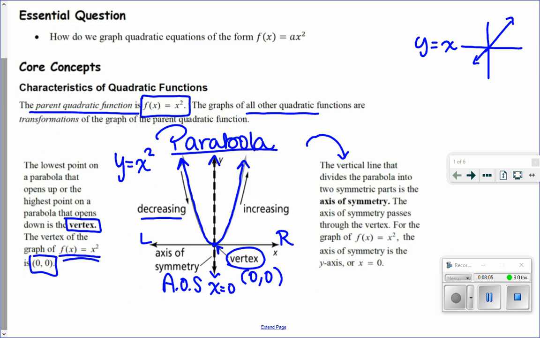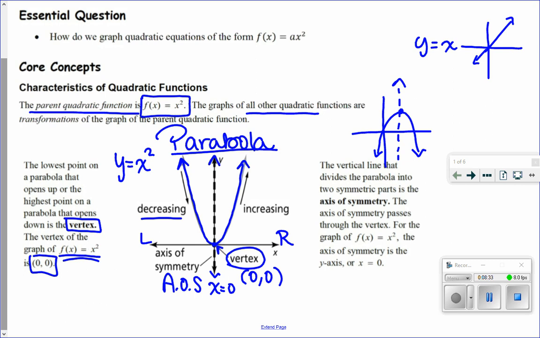So the axis of symmetry will always pass through the vertex, and that's actually true even if it's not at the origin. Let me show you what I mean. Even if my grid was over here and my parabola is off to the side, wherever this vertex is, my axis of symmetry also passes through there, because that vertex is always right in the middle of the curve.